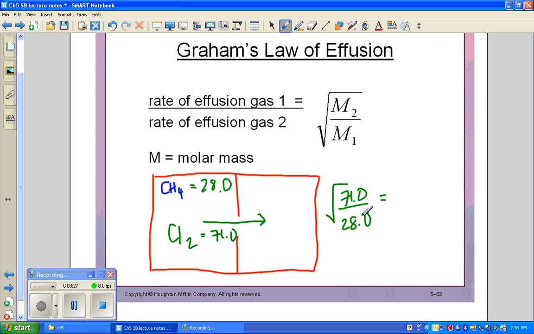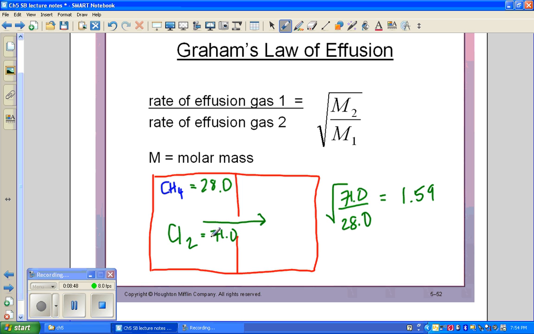And my ratio of chlorine gas to methane is equal to 1.59. So what does that tell you? That tells you that the methane gas is going to effuse 1.59 or 1.6 times faster than the chlorine gas.